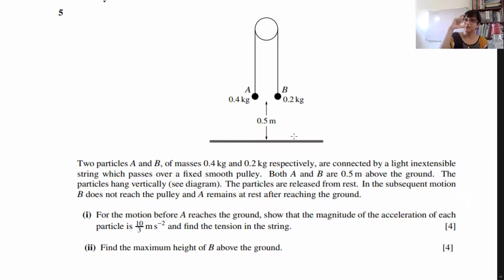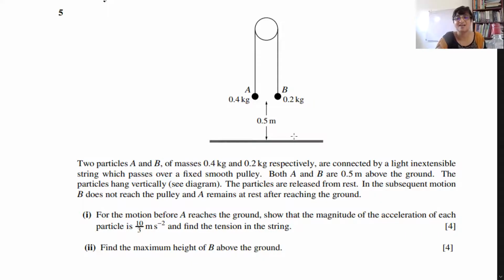So how can you find that little distance? You have to apply equations of motion to that little bit of the motion of B. Acceleration there is 10. Final speed on top is 0. To find the distance you need to know the initial speed of B for that motion, which would be the speed with which A hit the ground.